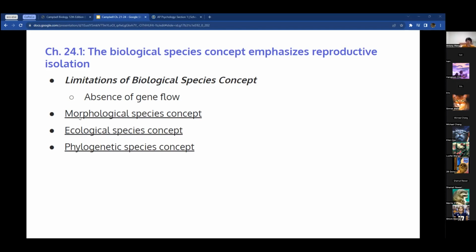A limitation of this is analogy: if two species converge and have very similar morphologies, then using a morphological species definition, they'll be considered the same species, even though they are distantly related.